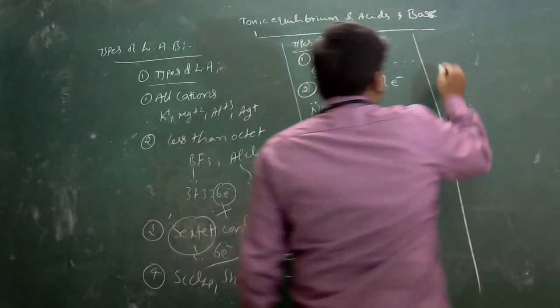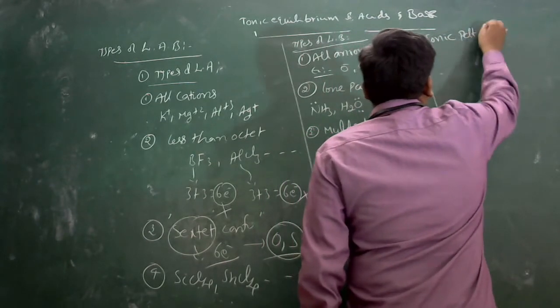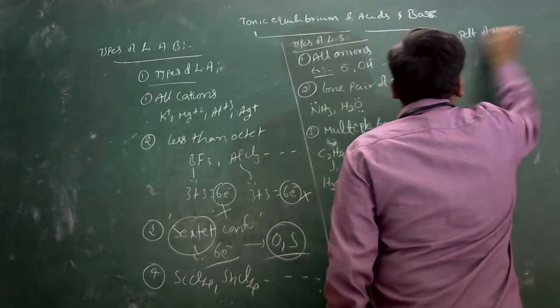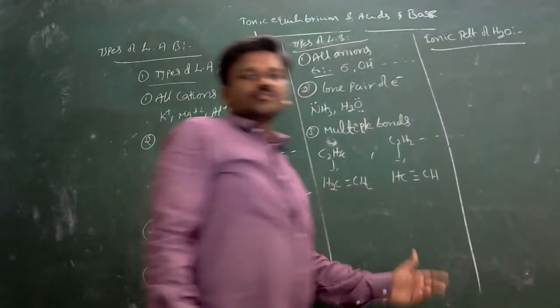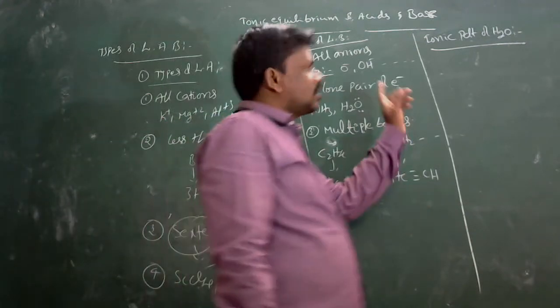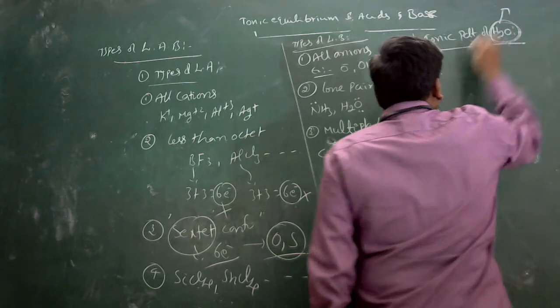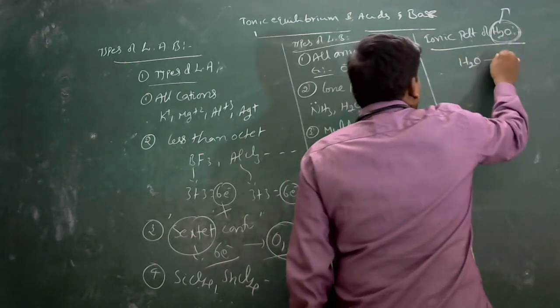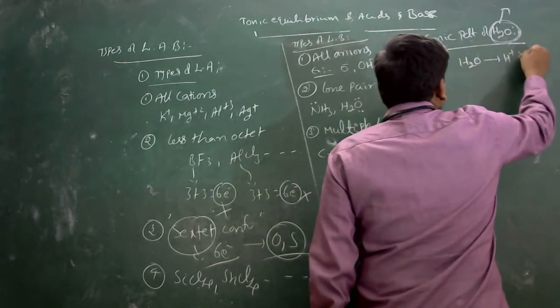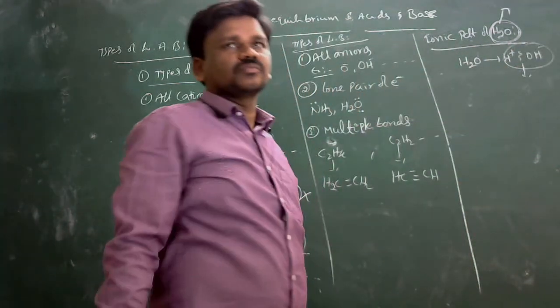And another one: ionic product of water. When water ionizes it gives H plus and OH minus. These two products give the ionic product.